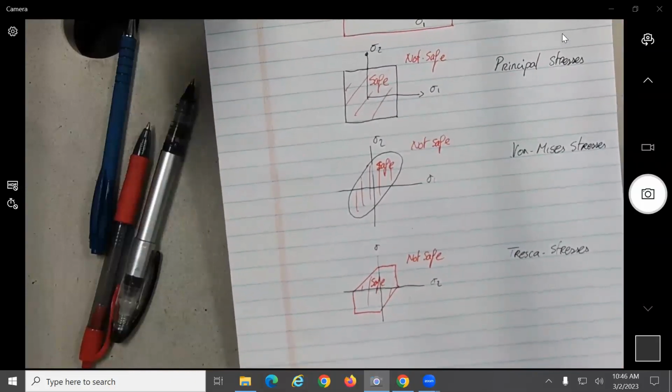Which one? The Tresca stresses, because it has the smallest area. It's based off the inside of the bond pieces. Correct, yes, if you want to look at it that way. It depends, it's a good question. What are you manufacturing?